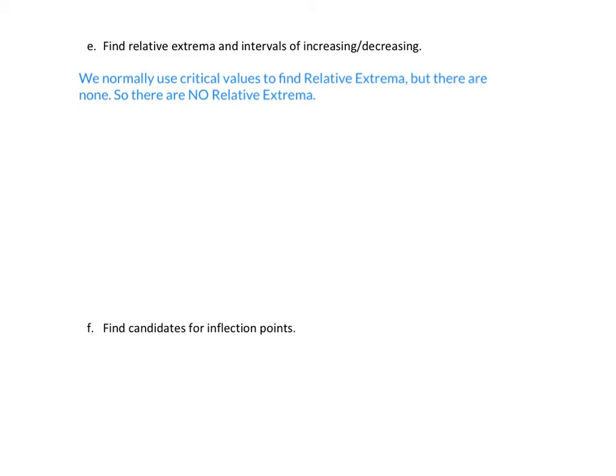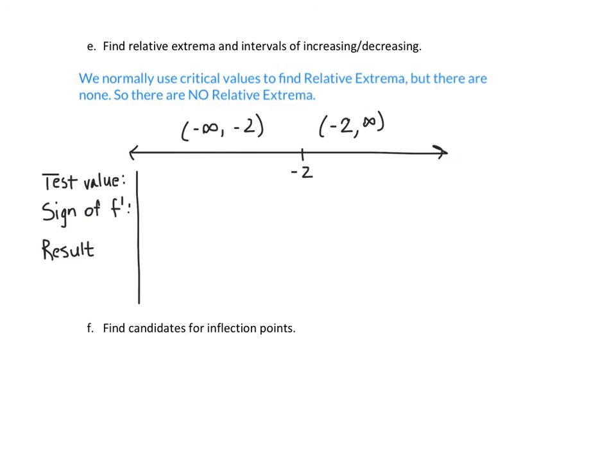Since we don't have any critical values, what we're going to do instead is use x equal to negative 2, which is where our function is not defined. So we divide our number line up around negative 2. So we've got the interval negative infinity to negative 2, and then the interval negative 2 to infinity. So we can pick a test value out of each interval. For example, I could choose negative 3 out of this first interval.